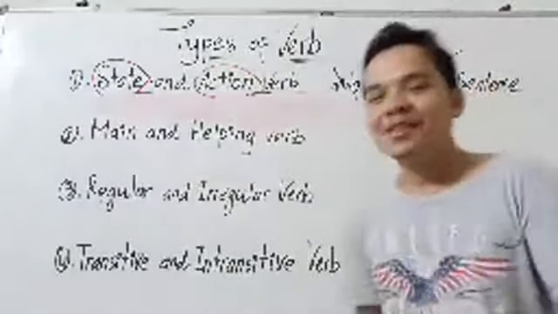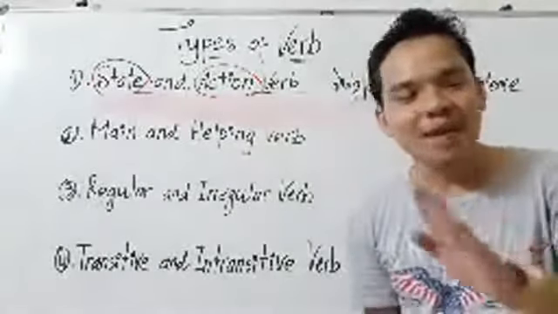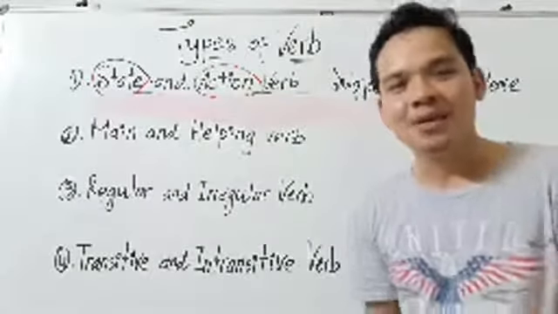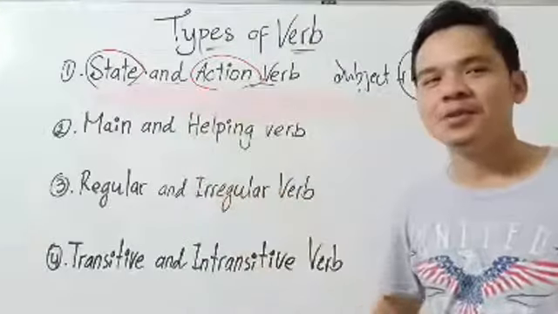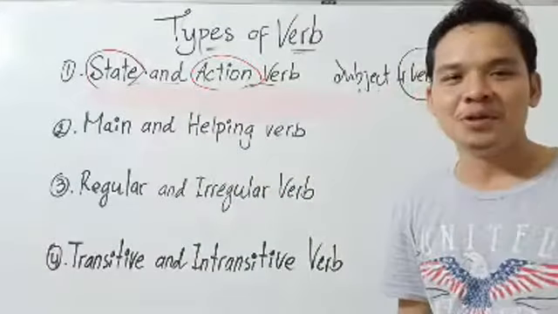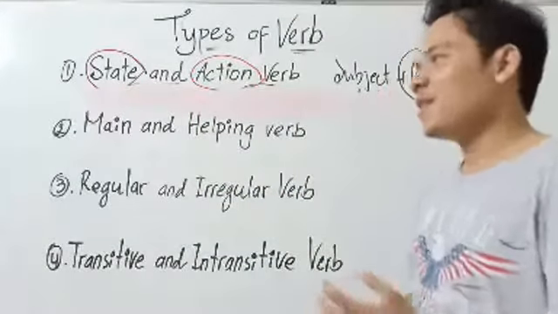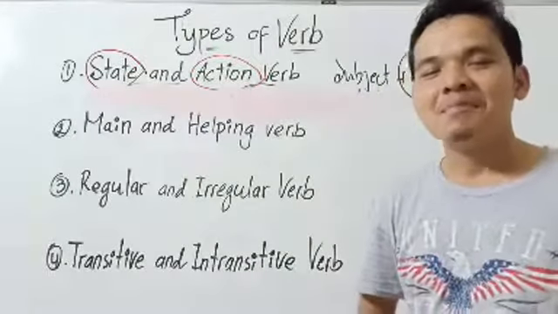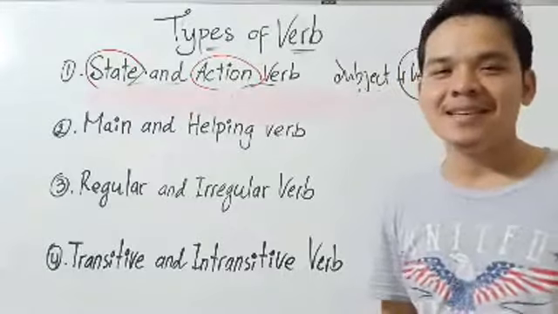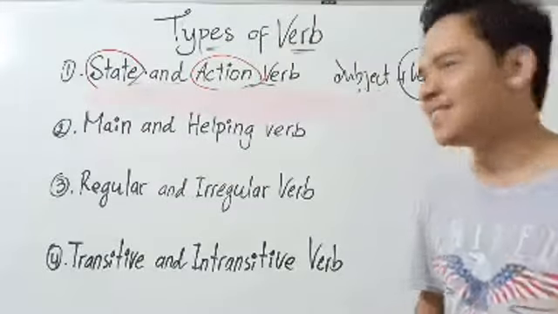One by one. Don't worry. I will try to explain more in the next video. In the next video, I will start giving examples one by one and explain more. Yes. When we think the lesson is difficult, it will be difficult. But when we think it is easy, it will be easy. Don't worry. Just start one by one.